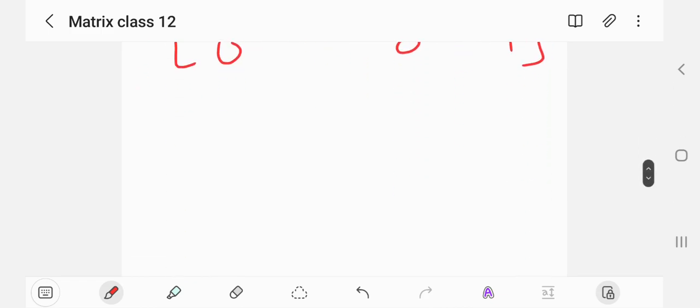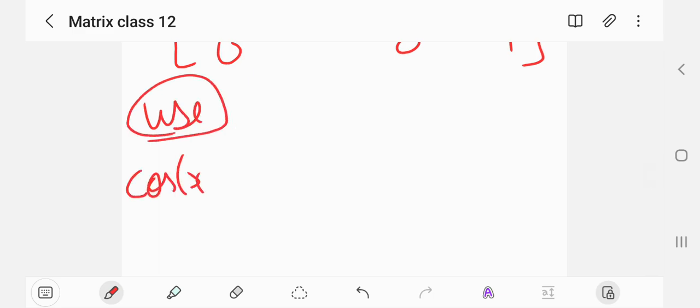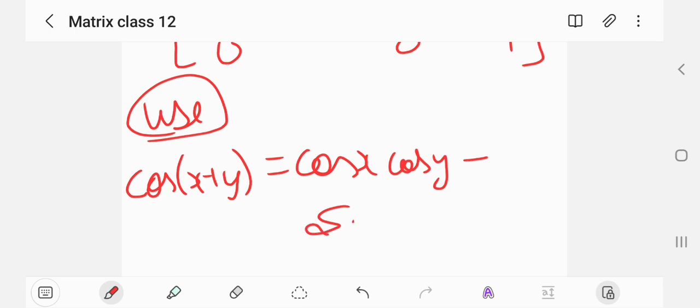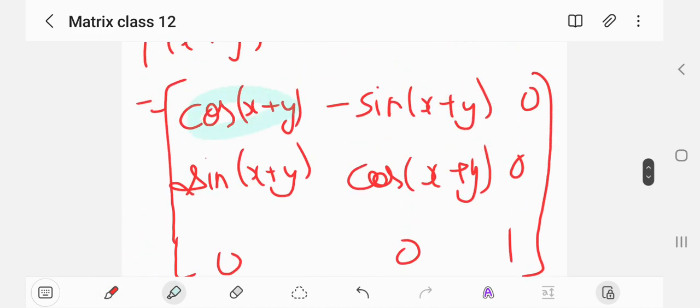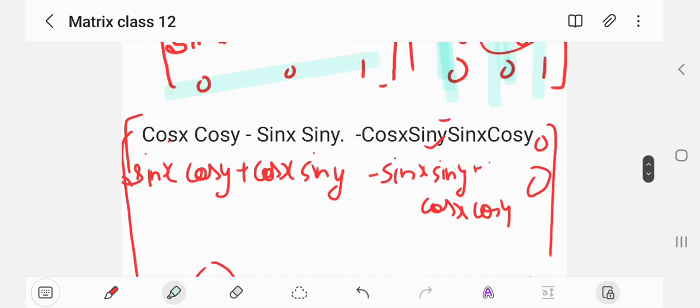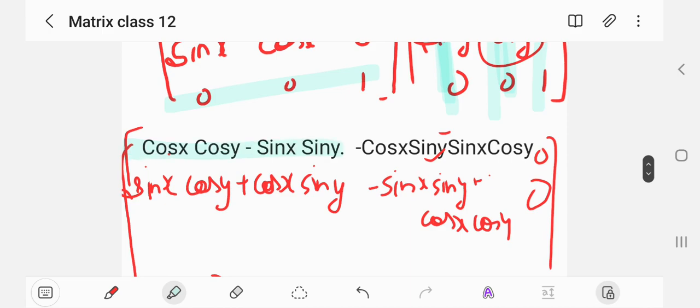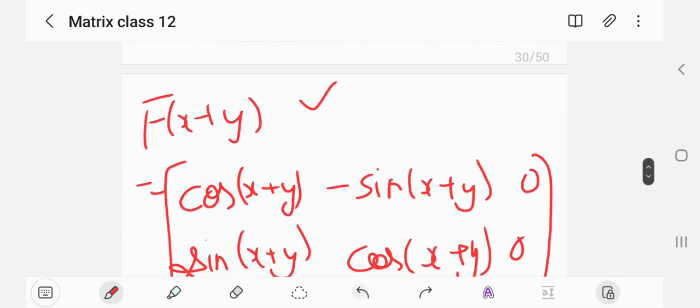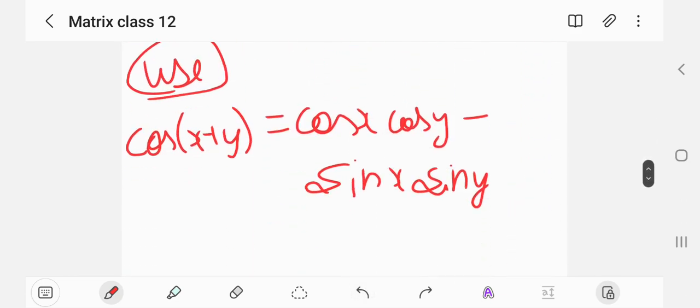Actually, if you use the identity of cos(x plus y), which is cos x cos y minus sin x sin y, then you will see this first entry is the same as this entry. See, cos x cos y minus sin x sin y, right? Both of them are the same.